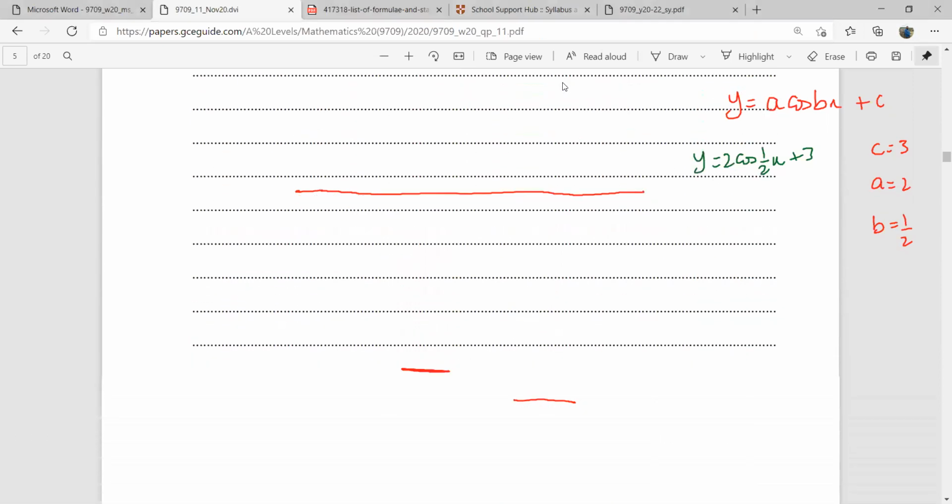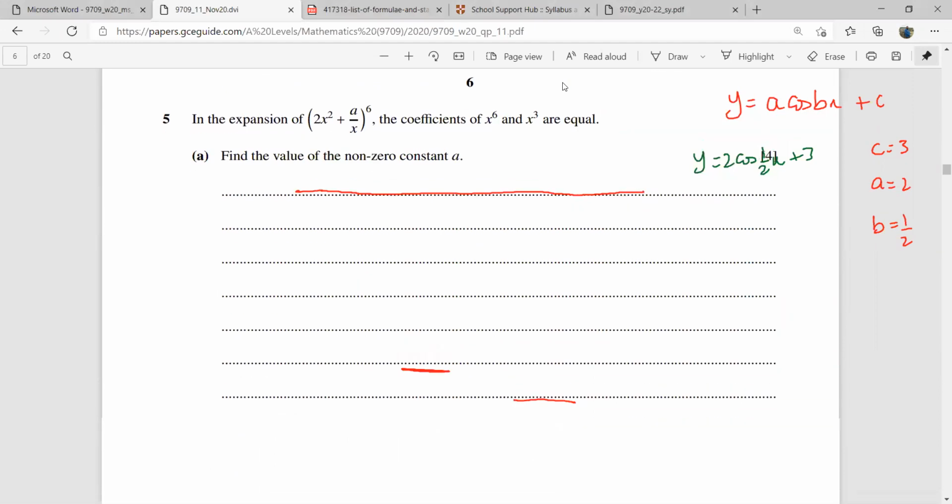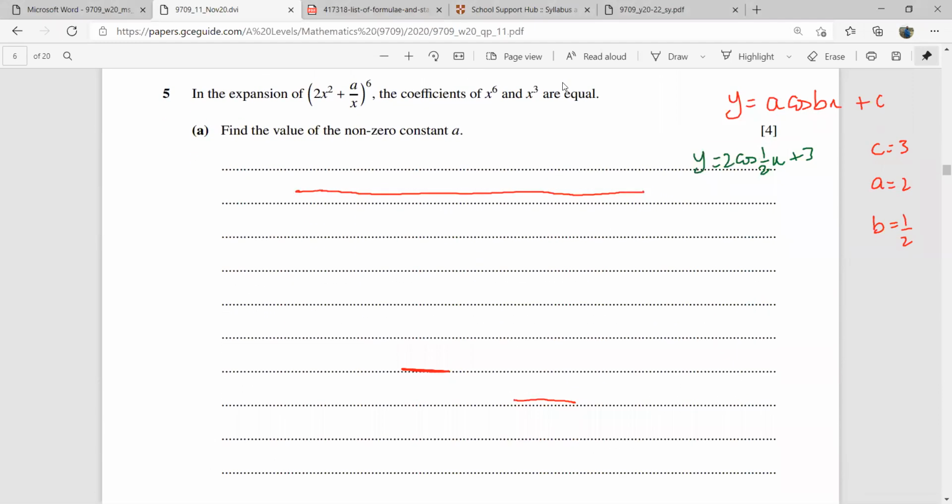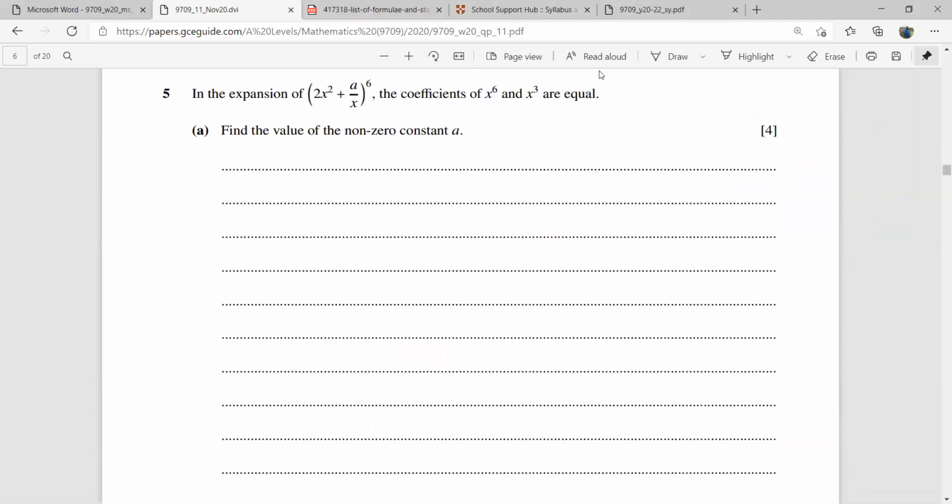Then we go on to question number 5. Now this is a question on binomial expansion. It says, in the expansion of this, the coefficients of these are equal. Find the values of the non-zero constants. So, should I expand all of this or just find these two terms?